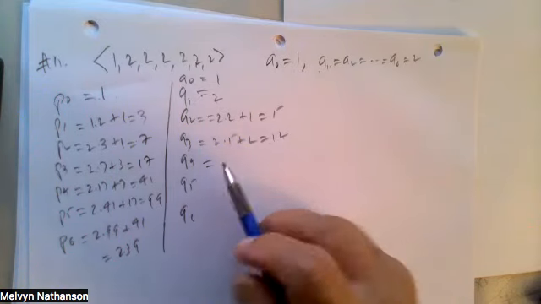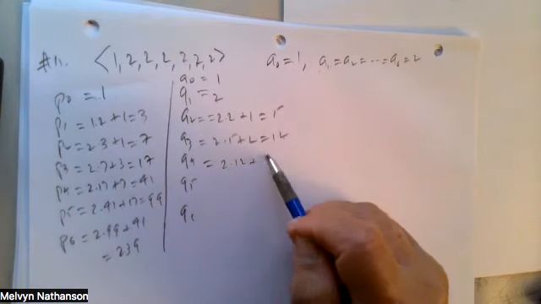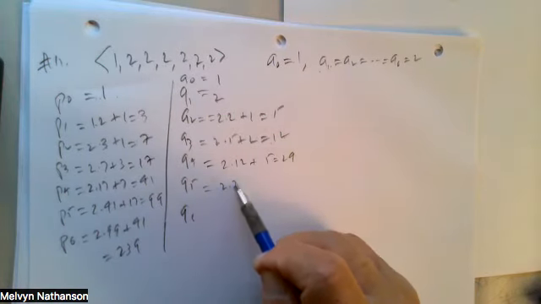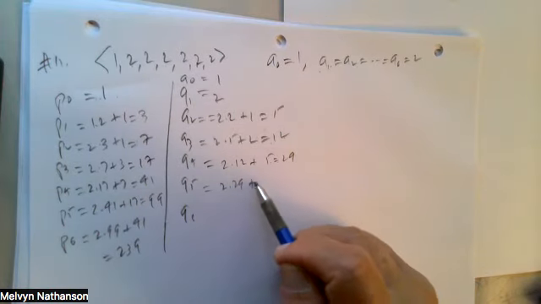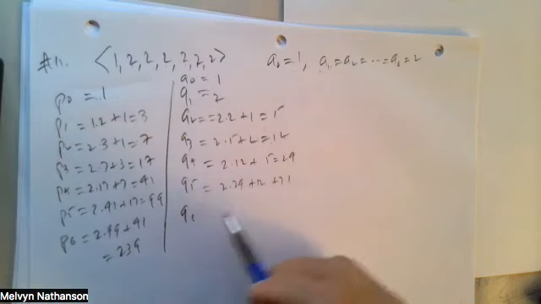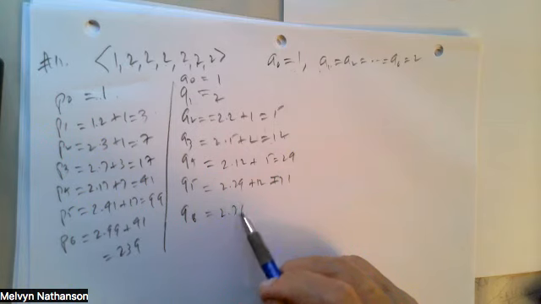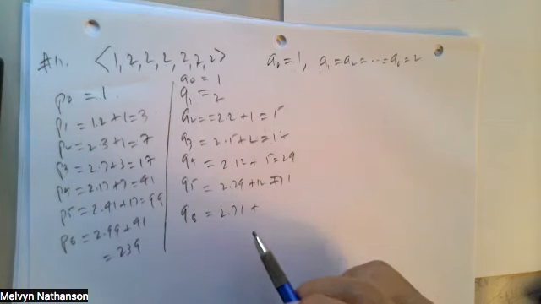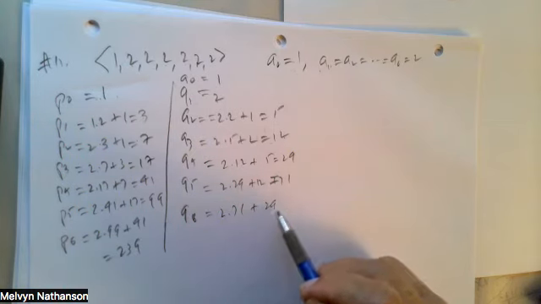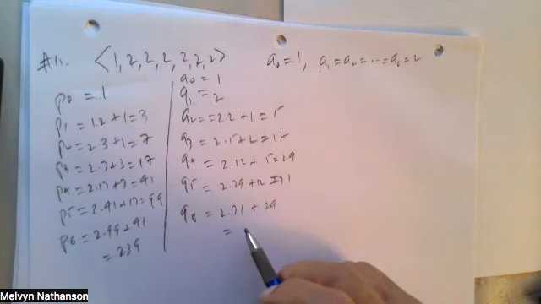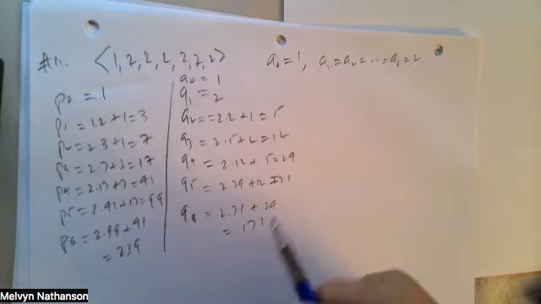Q4 is 2 times 12 plus 5 is 29. Q5 is 2 times 29, that's 58 plus 12 is 71. Q6 is 2 times 71 plus 29. That's 142 plus 29 is 171.